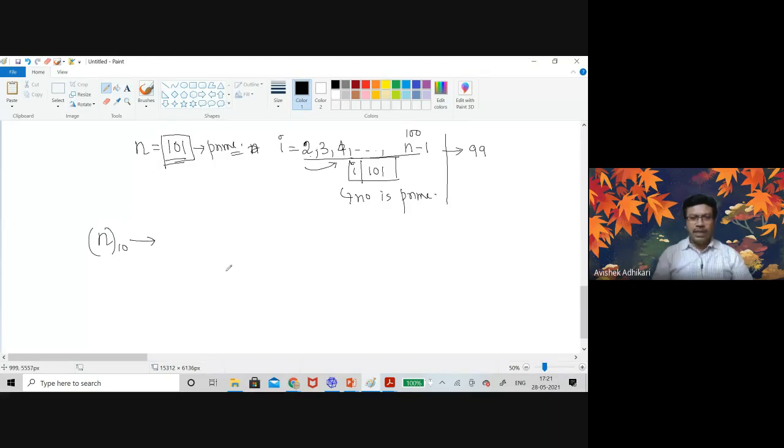Say let us try 5. So it's basically 1, 2, 4, 5. So this is my decimal number, this is my binary number, and the number of bits here is 3. So size of 5 is 3.